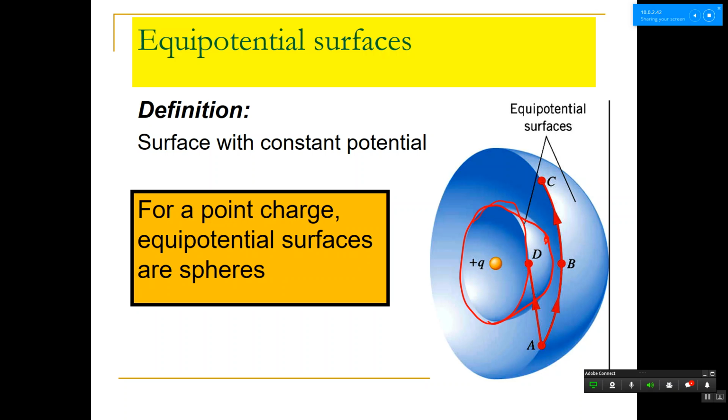So a point here where I just drew a circle, that point there and this point here, they should have the same potential. So the delta V for those two points would be 0.